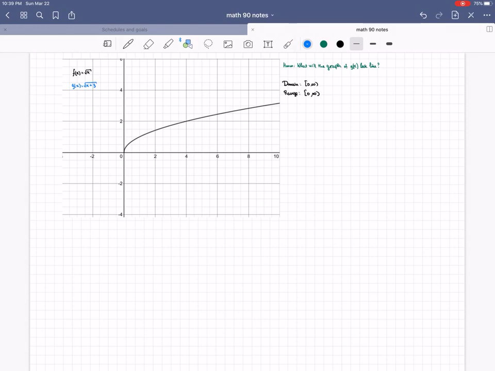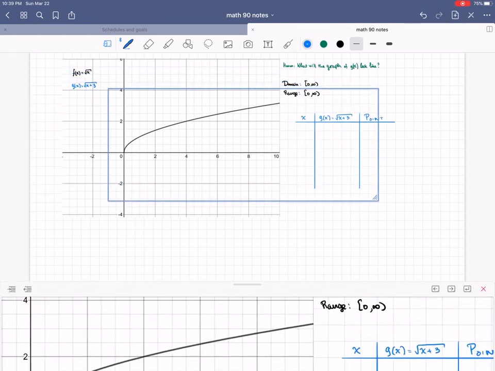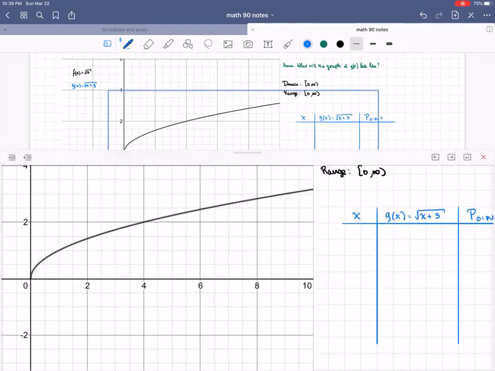So we're going to build another one of those tables. So it'll be 3 columns. These will be our x values. Here we'll compute our g of x's, which is the square root of x plus 3. And then here we'll just write the point to keep ourselves honest. All right, I'm going to zoom in. I like the way my writing looks better when I zoom in a little bit. Okay, so here goes.